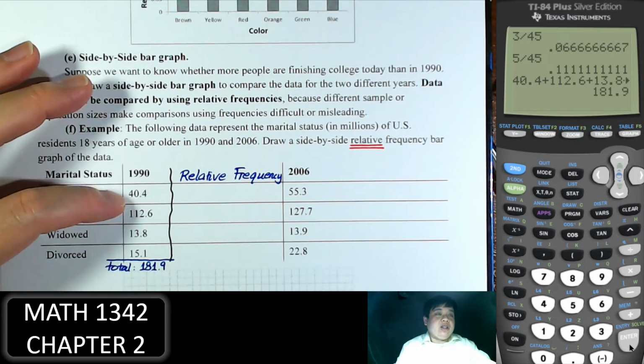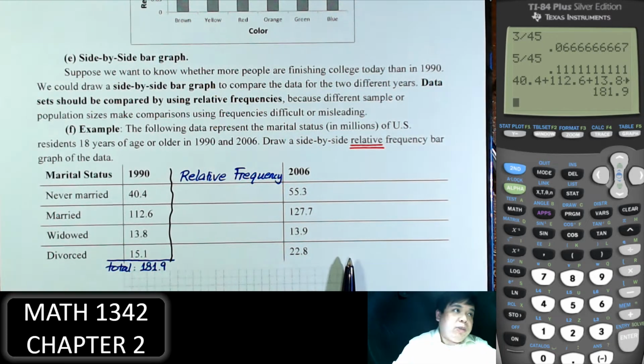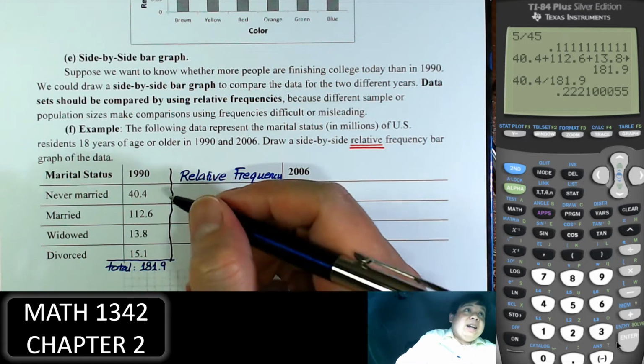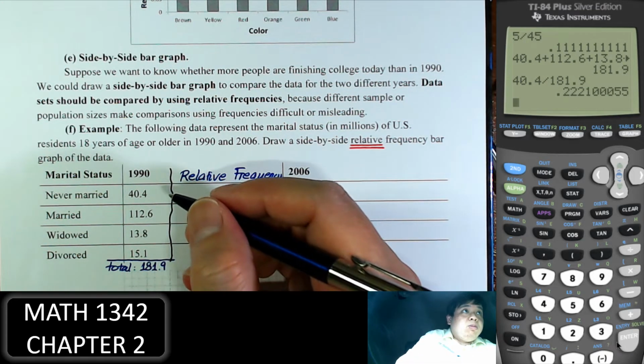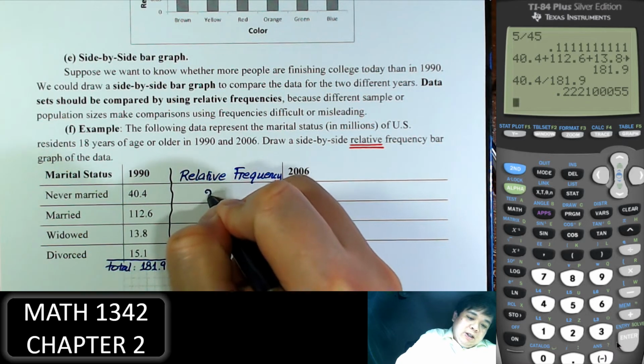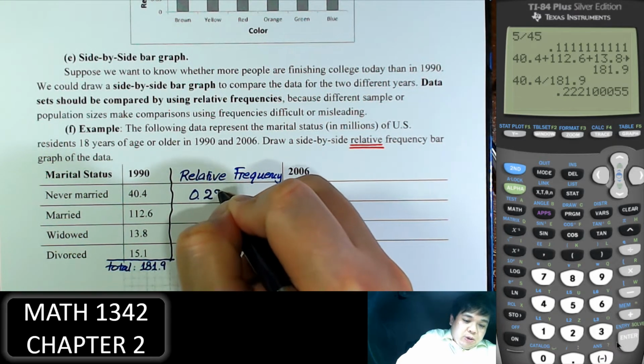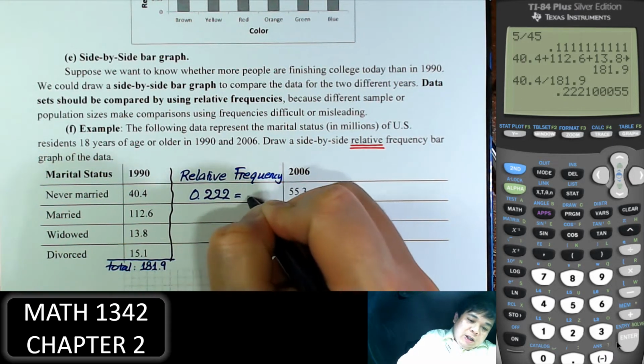And we just divide by the total number. 40.4 divided by 181.9, that is about 0.222 or 22%.